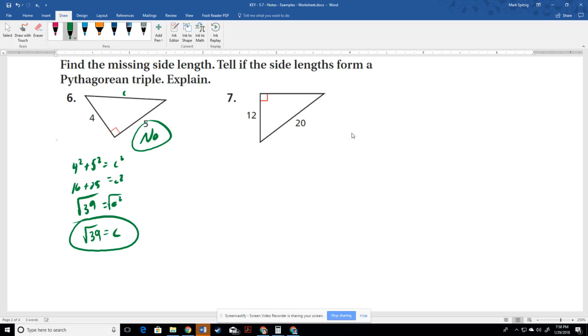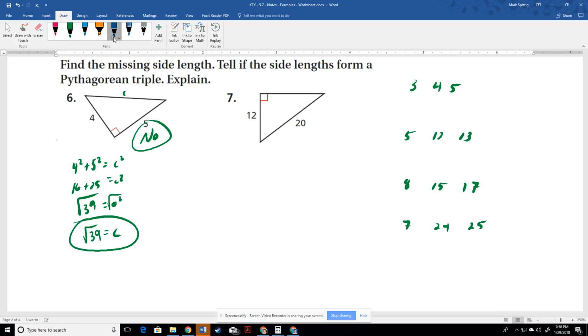For those reasons. All right, so in this case, we would be having a 3, 4, 5. The triples are 3, 4, 5, 5, 12, 13, 8, 15, 17, 7, 24, and 25.